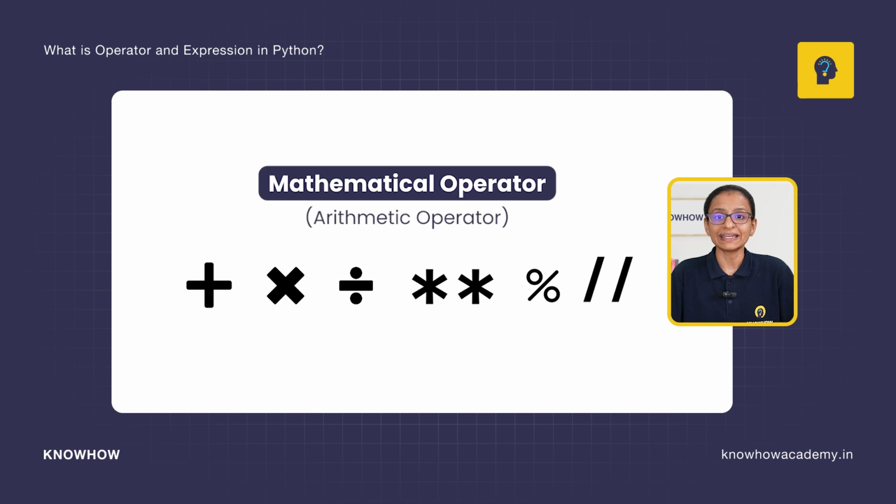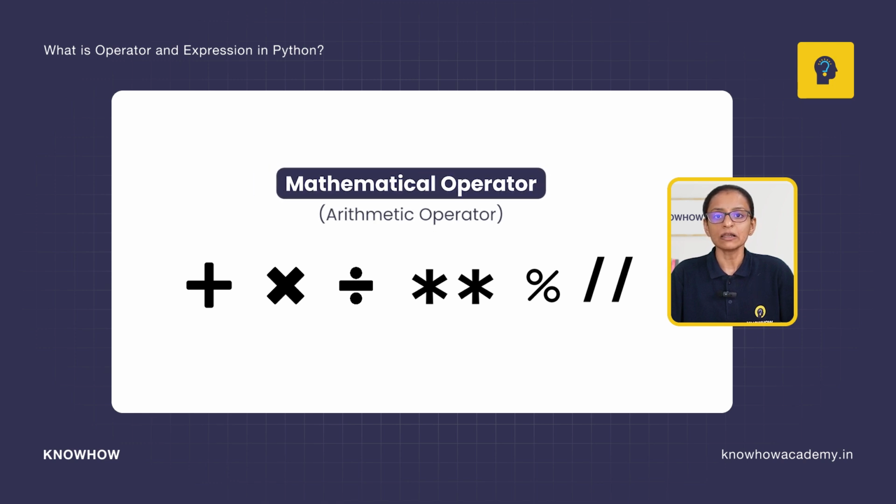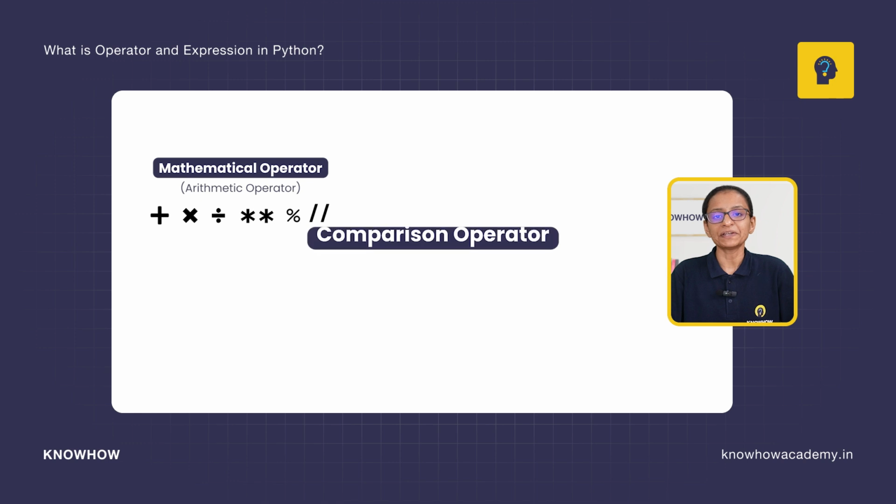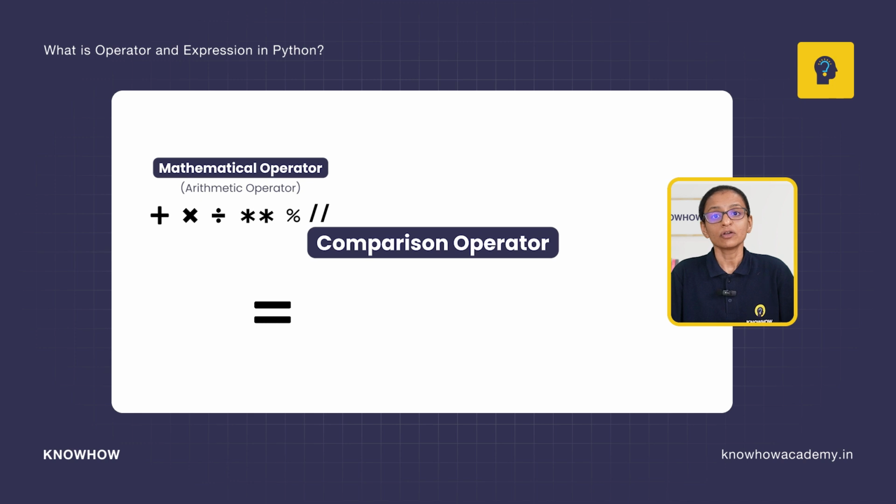These are called arithmetic or mathematical operator. The second type of operator is called comparison operator. In that we will compare two values, that is equal to, not equal to, greater than, less than, greater than or equal to, less than or equal to. So these are called comparison operator.